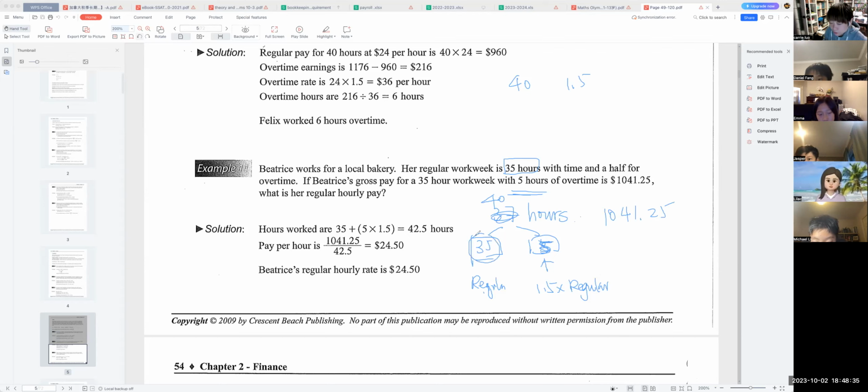This is 35 hours, right? But for these 5 hours, you're actually getting what? 7.5 hours, because every hour is considered as 1.5, correct? You just use 1,041.25 divided by 7.5 plus 35, which equals 24.40. So that is your regular hourly rate.